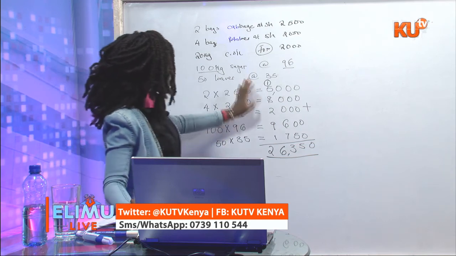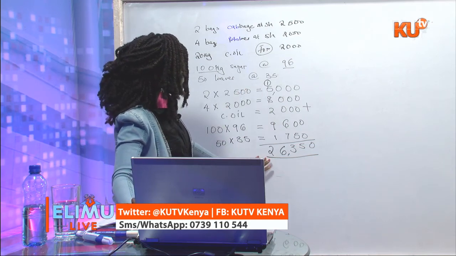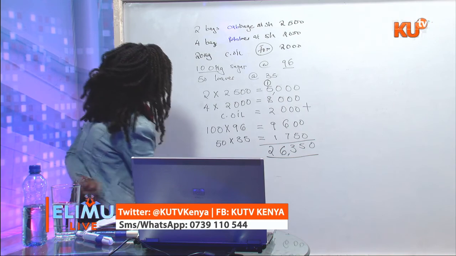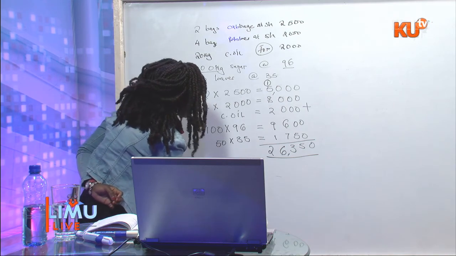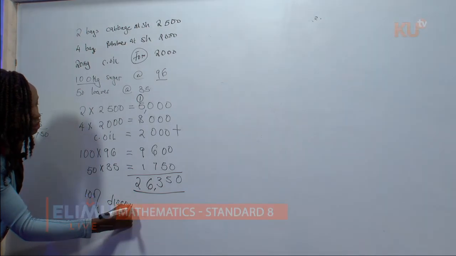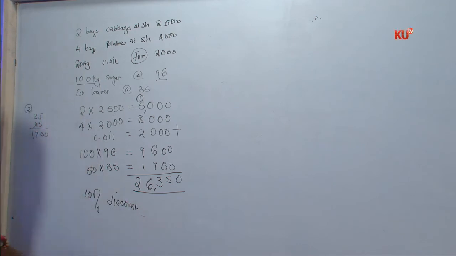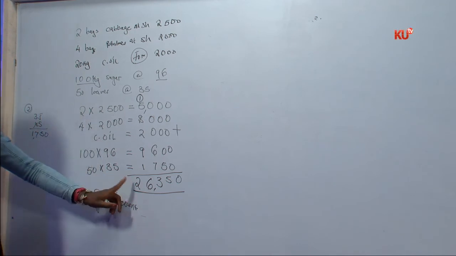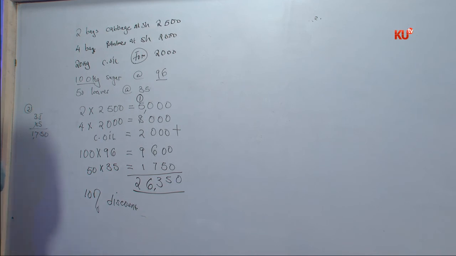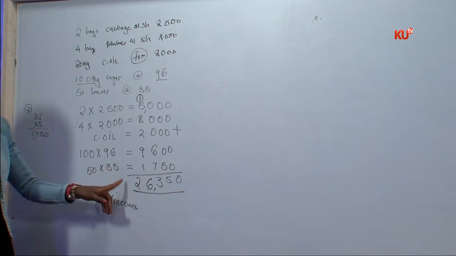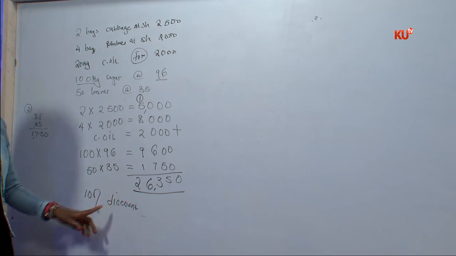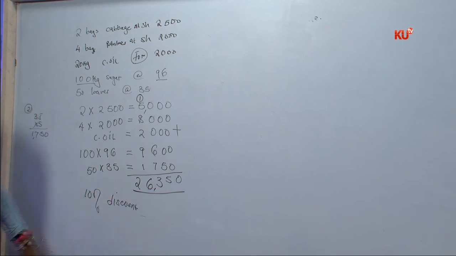So after this was the total amount of money that he was supposed to pay, but he was given a 10% discount. So we get the 10% discount that he was given from this. And that means if he was given a discount of 10%, it means that he paid at 90%. So first you get the discount.